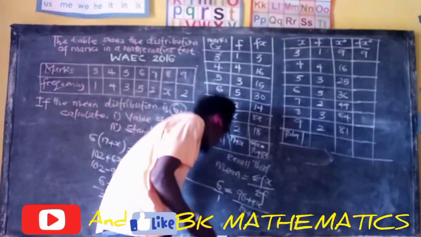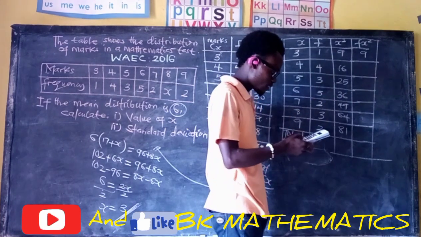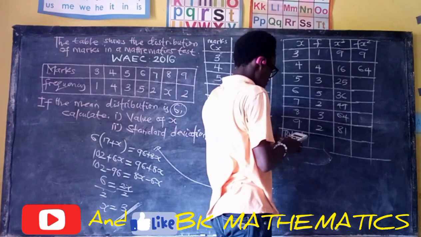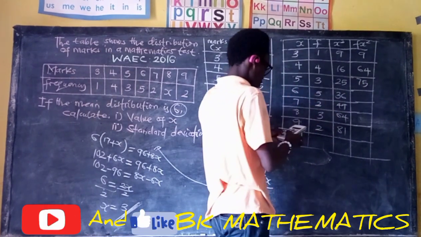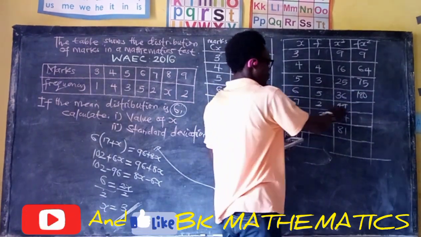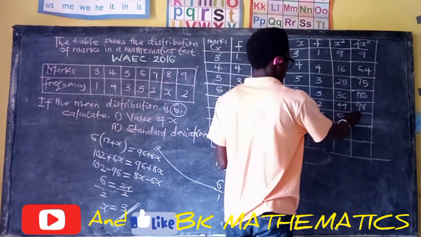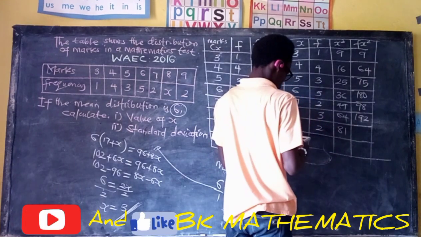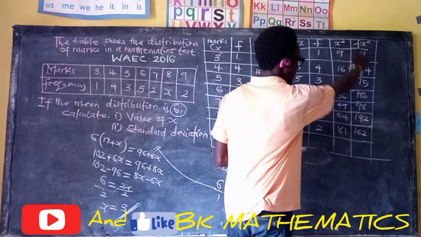Then you can use your calculator to multiply the bigger numbers so that you do not make errors. 4 times 16 gives you 64, and 3 times 25 is 75. 5 times 36 is 108, 2 times 49 is 98, 3 times 64 is 192, and 2 times 81 gives you 162.